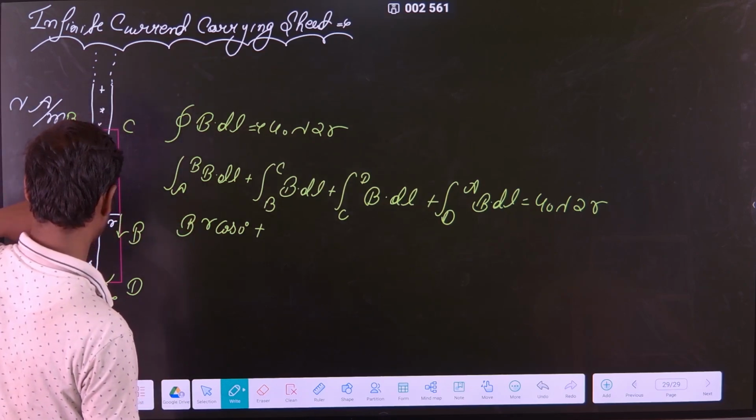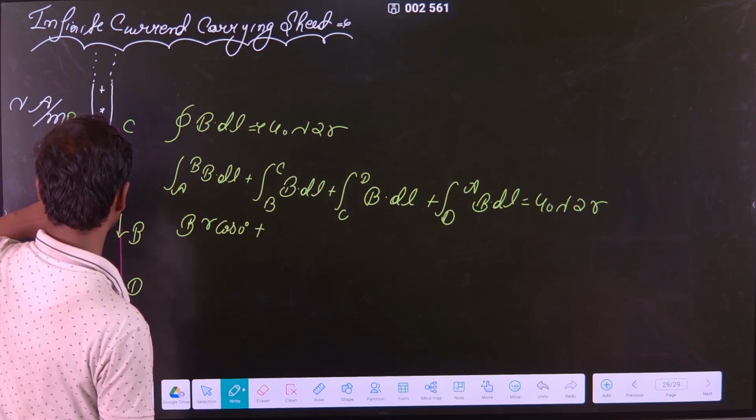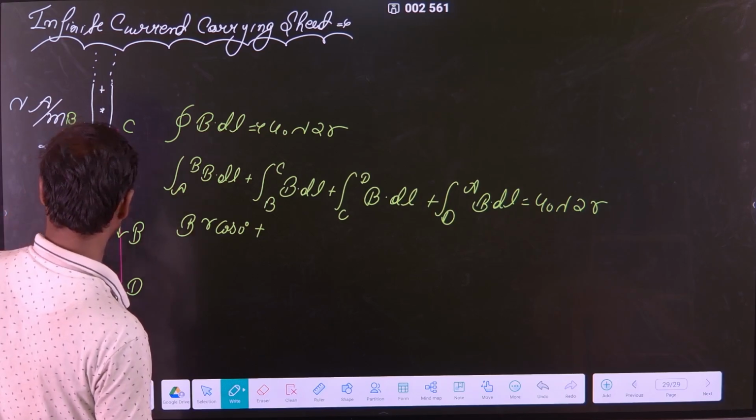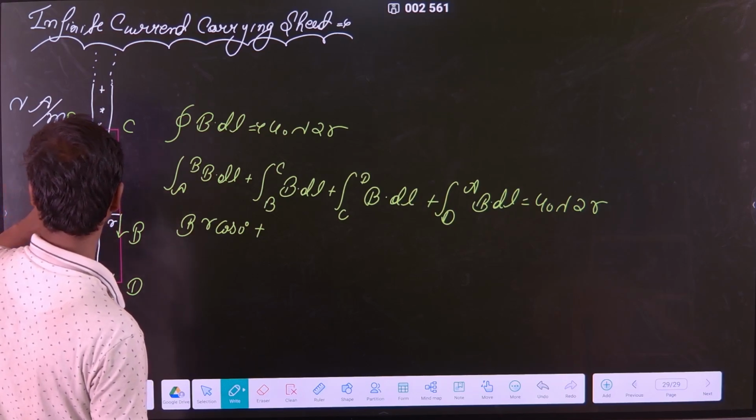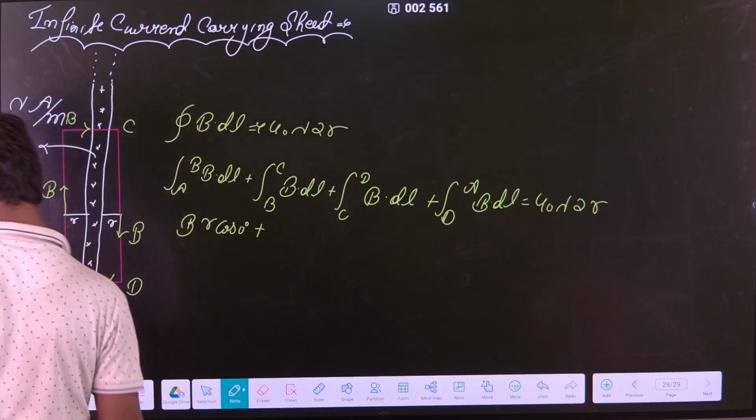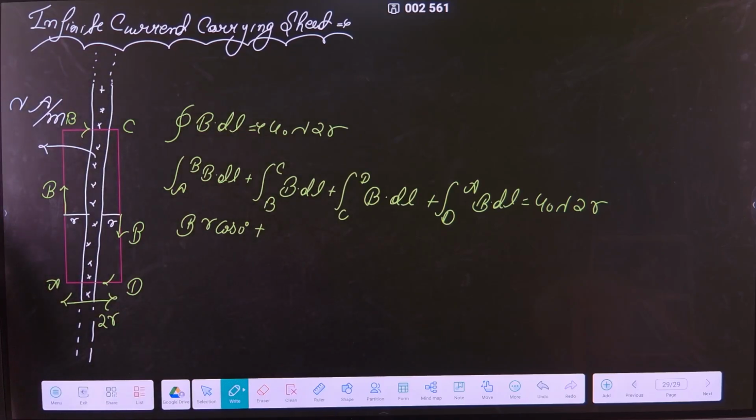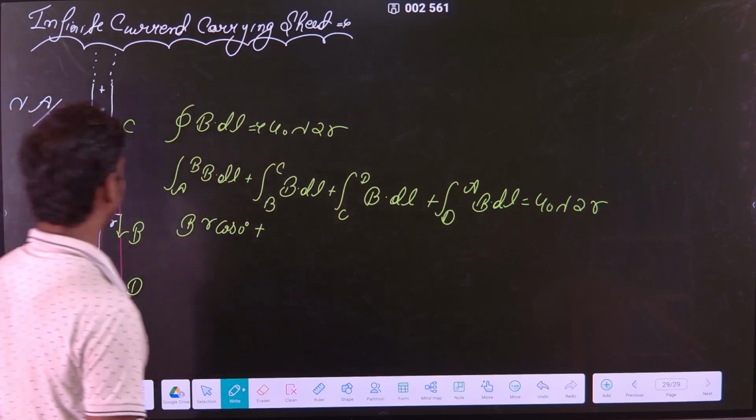Did I make a mistake? Let me check. This is 2r, 2r. Let me check once. I think there is some mistake.